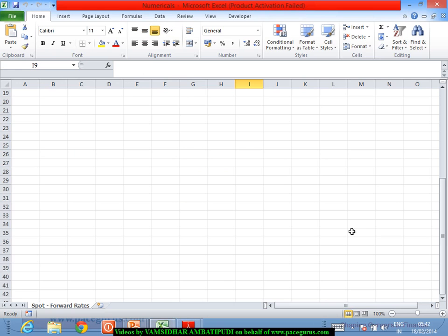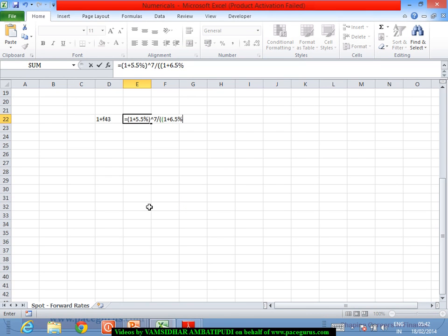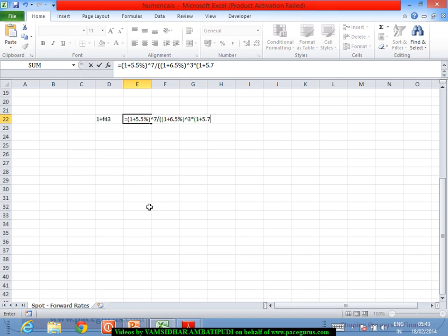Y7 is 5.5%. So 1 plus f43 is nothing but 1 plus y7, 5.5% to the power 7, divided by 1 plus y3, Y3 is 6.5% cube, multiplied by 1 plus f43. 1 plus f43 is also 5.7% cube.